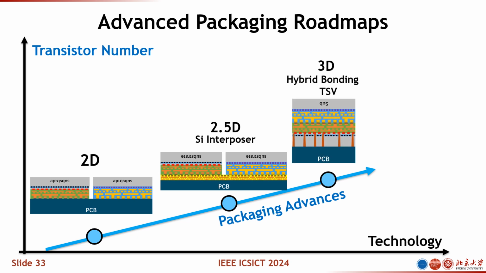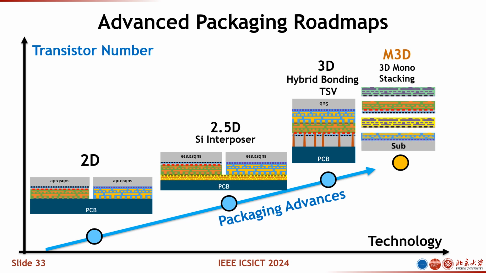And then people are starting to think about 3D packaging, which uses TSV or hybrid bonding to have several layers of chips placed on top of each other. And people are also thinking about, can we do monolithic 3D stacking?